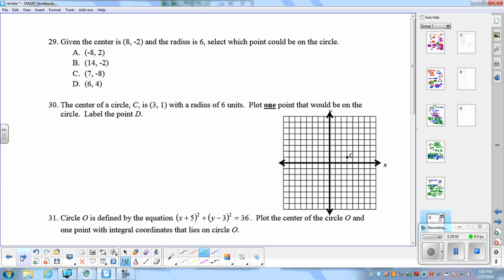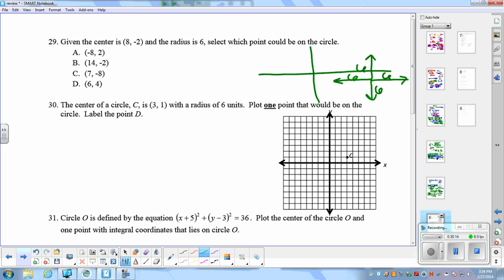Next page. Given the center is 8, negative 2, and the radius is 6, we'll figure out some possible points. So think about it. Here's the point 8, -2. I can go 6 this way, I can go 6 up, I can go 6 to the left, and I can go 6 down.